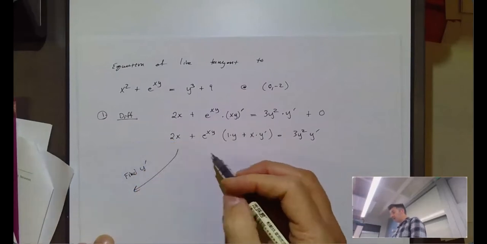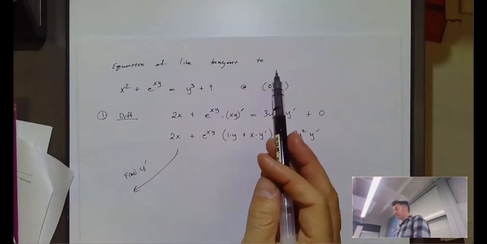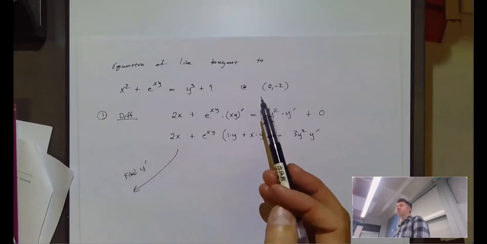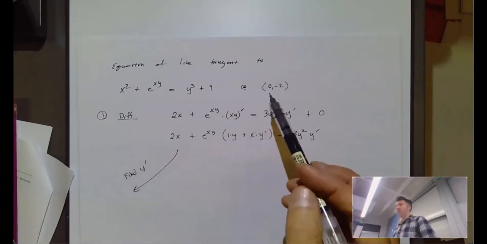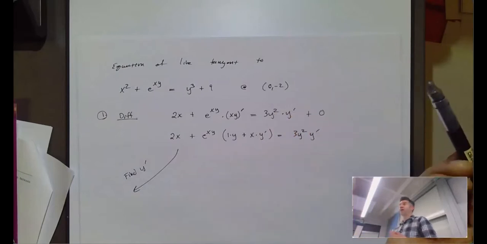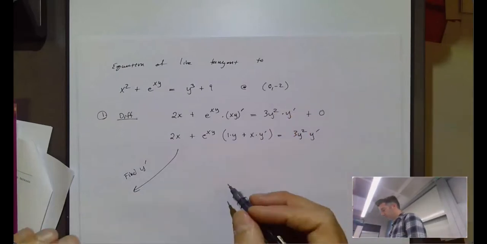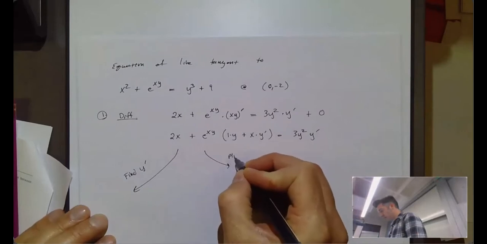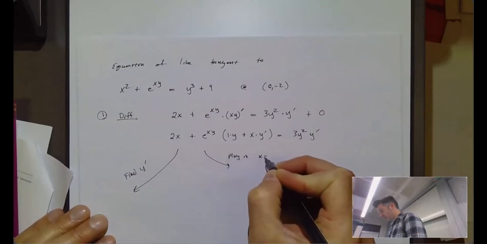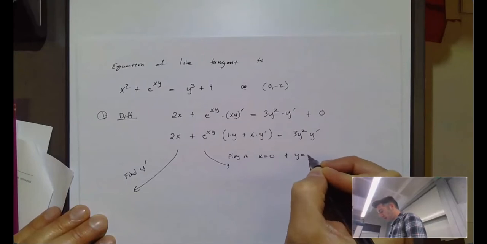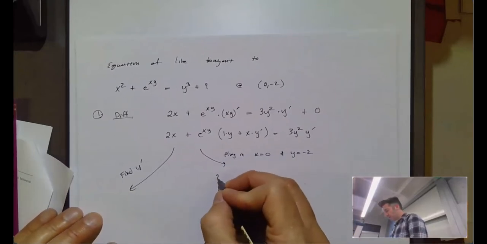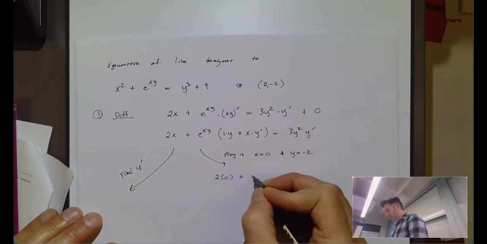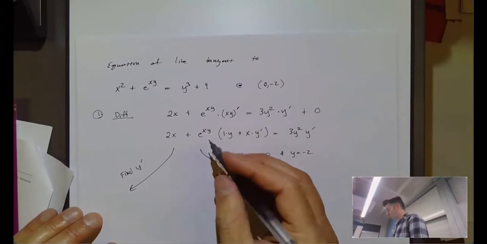But here, since we're trying to find the equation of the line tangent to this function at this one particular point, we only care about finding the slope of the tangent line at that point. So we can go ahead and plug in that point right now. We're going to plug in x equal to 0 and y equal to -2. So if I plug in x equal to 0, I'm going to get 2 times 0 plus e to the 0 times -2, which is 0.